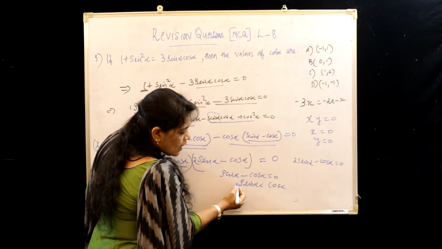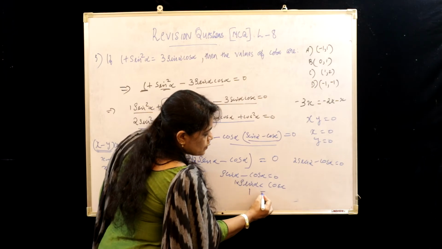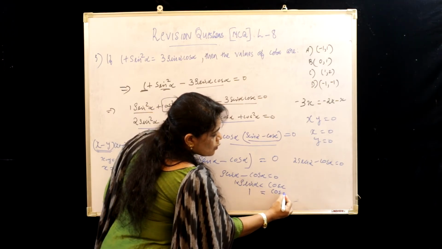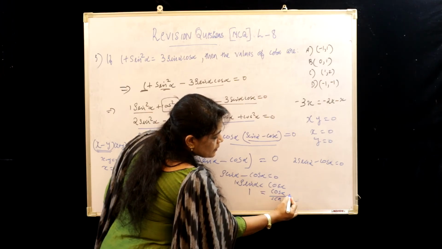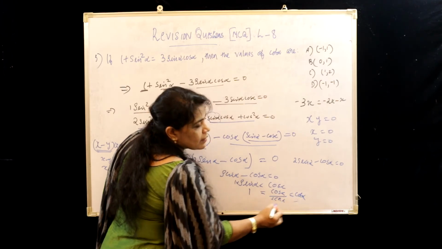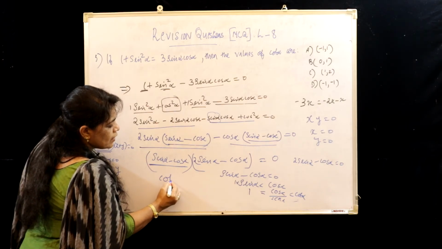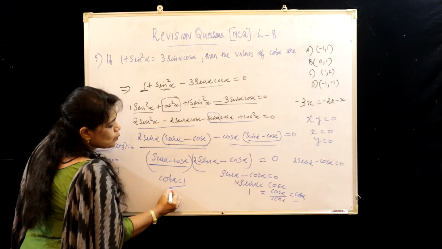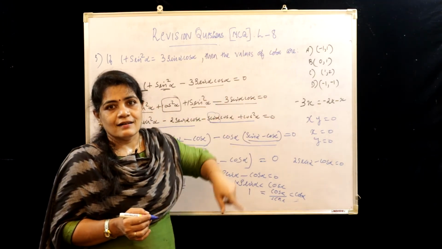So here this is 1 into sin alpha, okay? So 1 equal to, after taking sin alpha, cos alpha divided by sin alpha. That means cot alpha. That is, from the first factor we have seen that the value of cot alpha equal to 1. And the values of cot alpha are what is asked in the question.